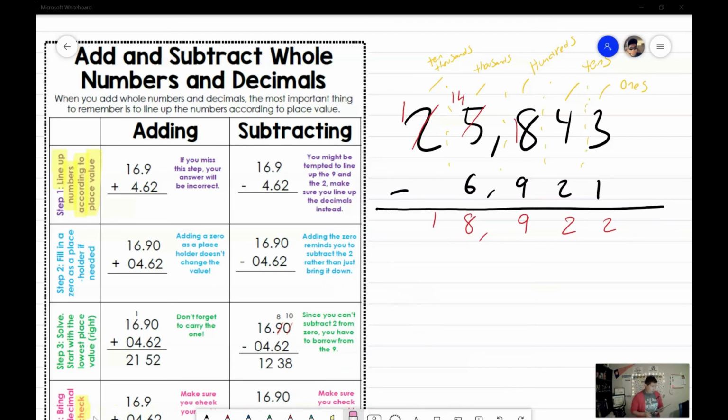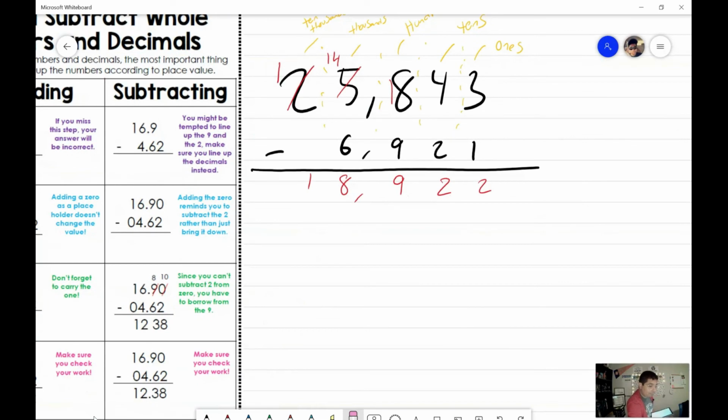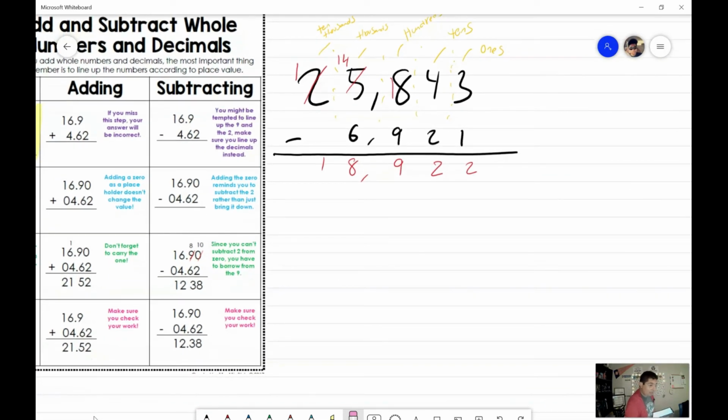Alright, so let's go ahead and add this up. Okay? So remember, when I'm adding to check my answer, it's gonna be my answer, plus the smallest number, which is 6,921.